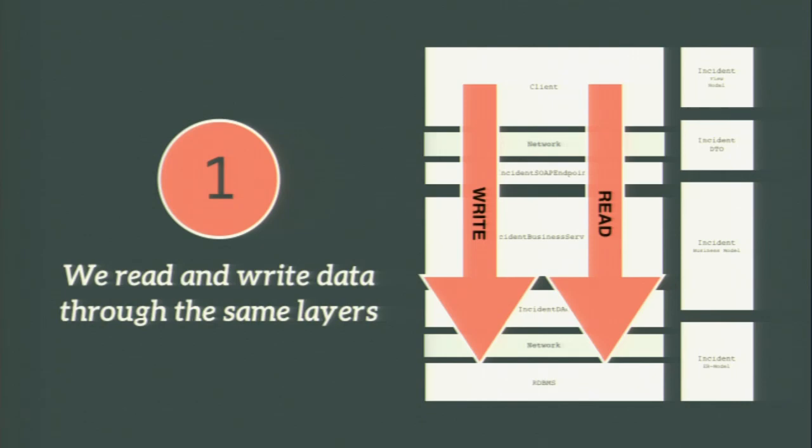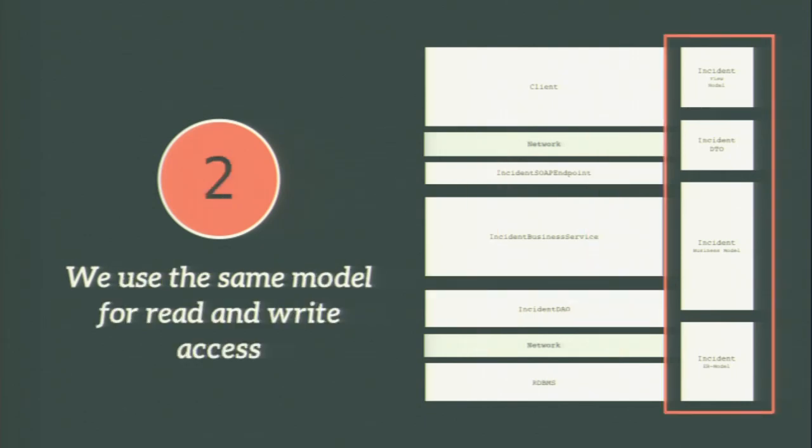And the same is happening for the write part there. The second characteristic is we use the same data model for business logic processing, for reading data, and for writing data. Might seem very obvious and a no-brainer at first look, but as we will see later, we might find out that there are scenarios where this might not be the best choice that you can have.